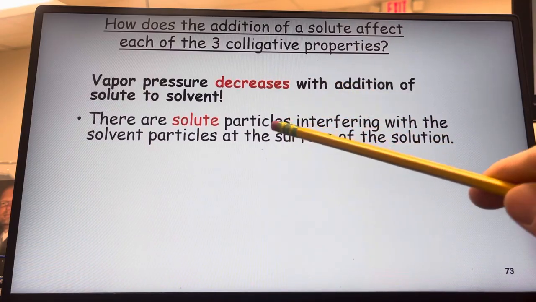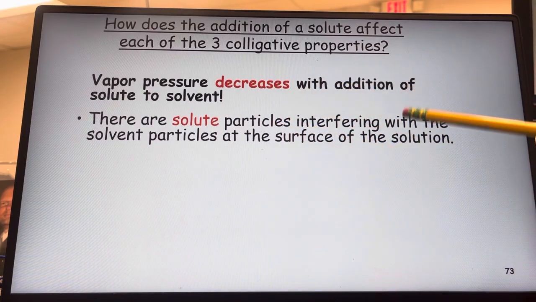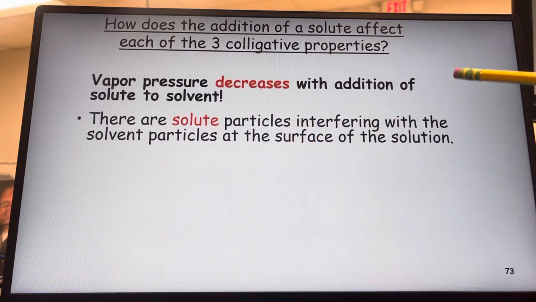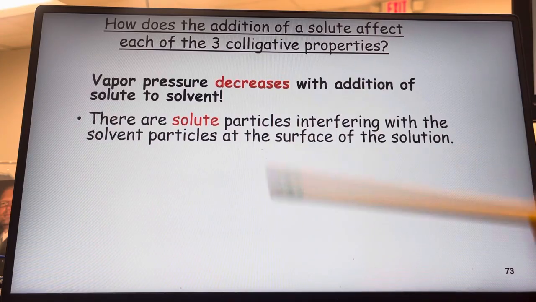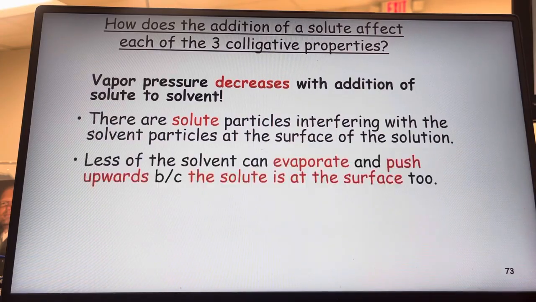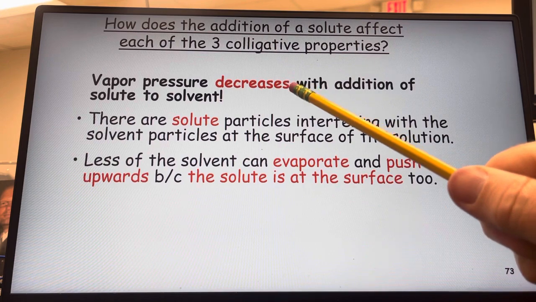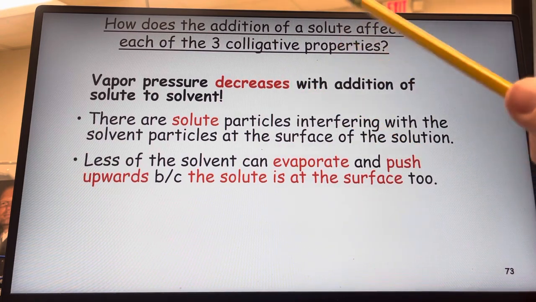So there are solute particles that interfere with the solvent particles at the surface of the solution. They're floating around in there and they're messing with the ability of the solvent to leave the solution, to fly out. So if I add more, it's going to mess with it.